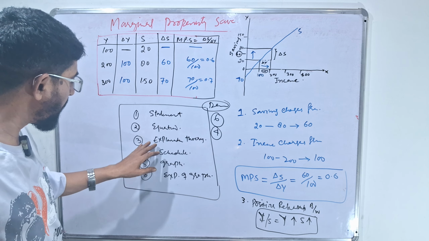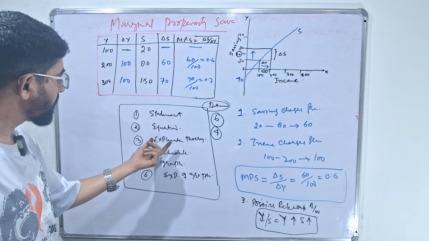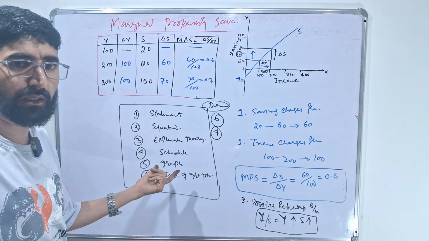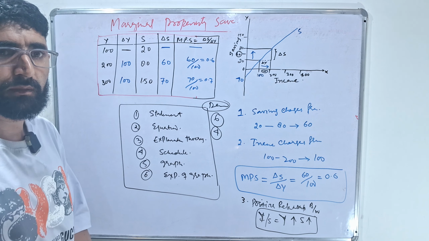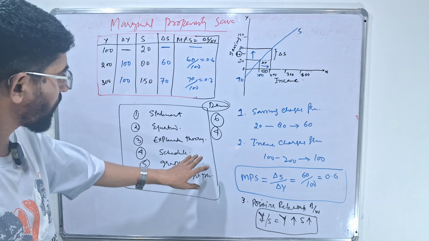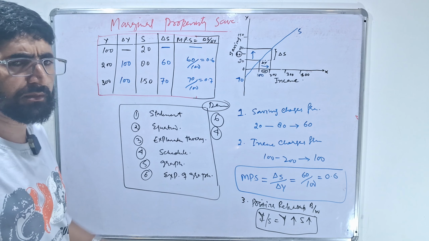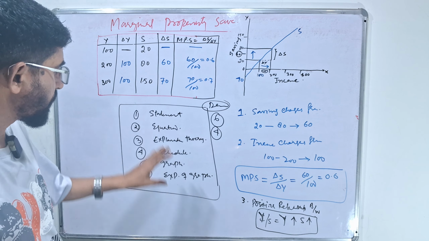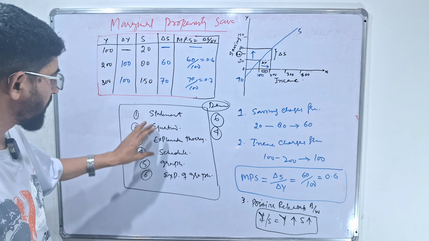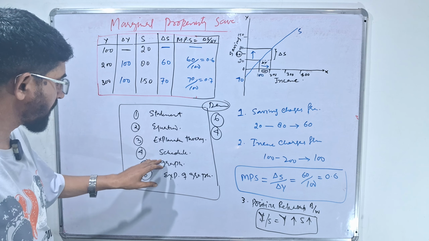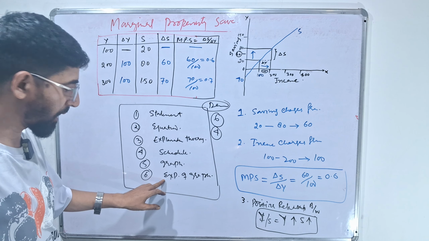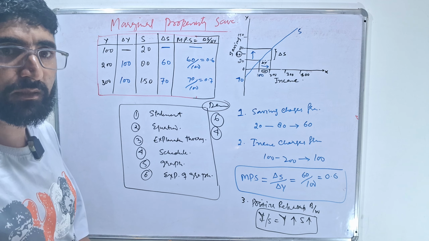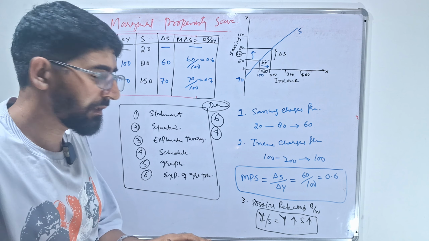But if you forget any of these points, it will not give the correct meaning of that question. Be it demand, supply, whatever it is, you have to cover these points. You should keep in mind: statement, equation, explanation, schedule, graph, explanation of graph. Then write down answers to the questions in your examination.